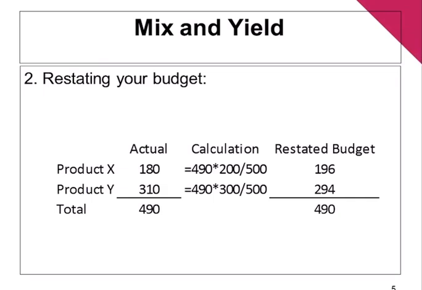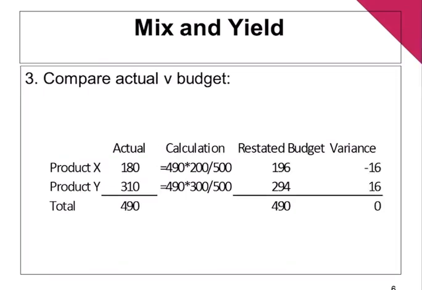So 200 over 500 times 490 gives you budget unit sales of 196. If we do the same for Y, we had 490 actuals, in proportion to what they should have been sold at, 490 times 300 divided by 500, we should really have set our budget for 294.